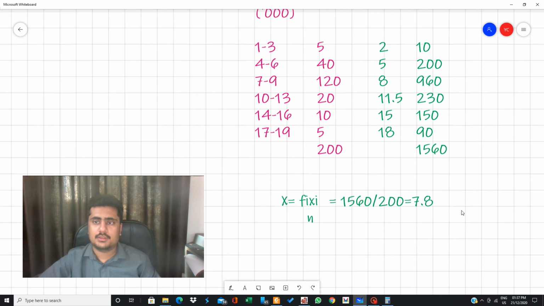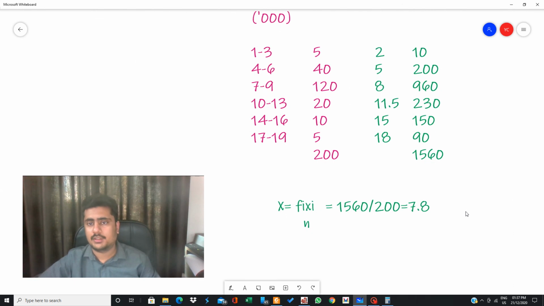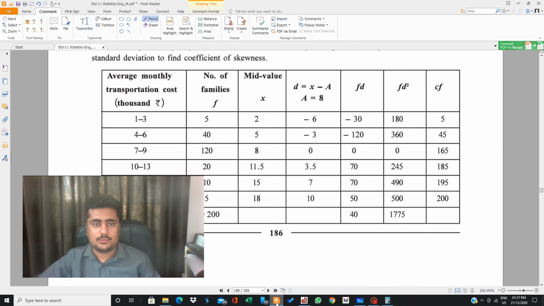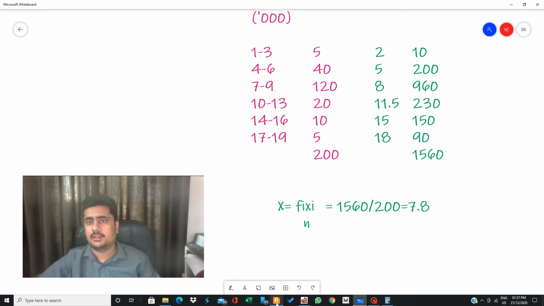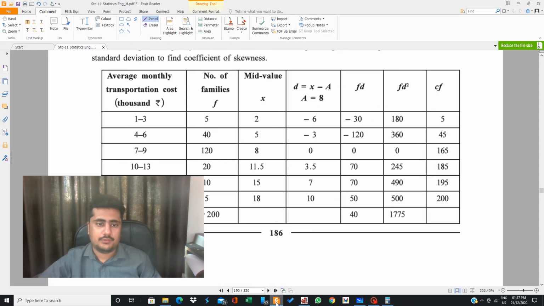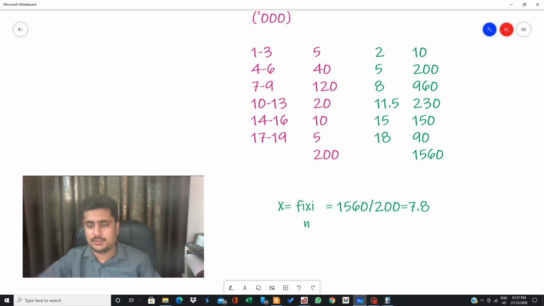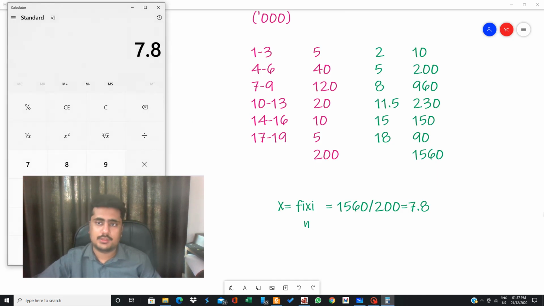There is some mistake maybe in multiplication. 5 into 2 is 10, 40 into 5, 200, 120 into 8, 960, 20 into 11.5, 10 into 15, and 18 into 5. Let us do the total once again.